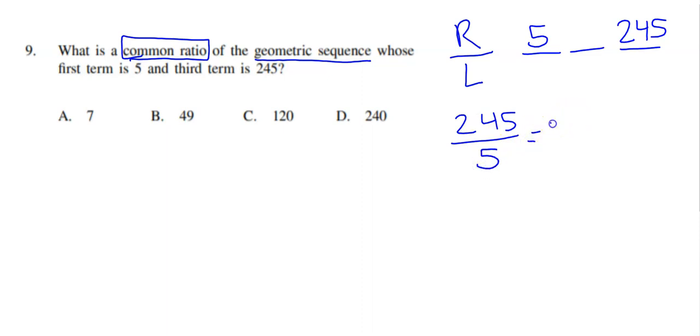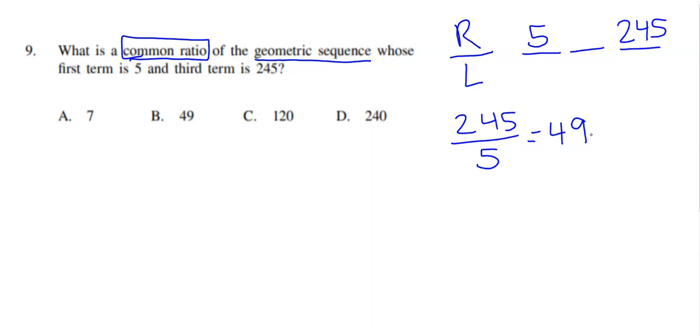And that's equal to 49. Now, 49 is how I'm getting from 5 to 245, but we want to know what the common ratio is for the entire sequence and not just how you get from the first term to the third term.